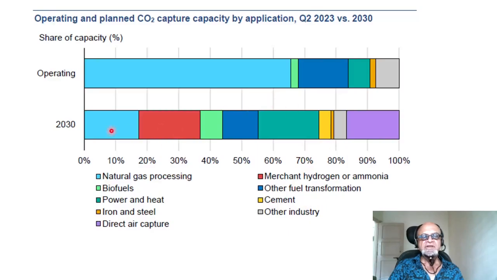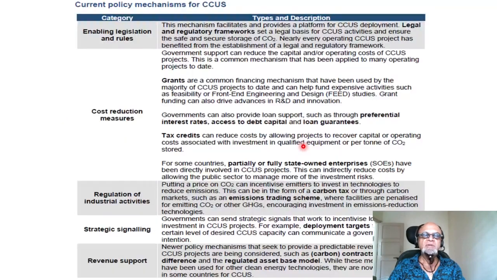So by 2030 you want to have all of them be significant parts of operation and CO2 capture. Obviously I'm skipping the details, but the idea is right now everything is dominated by natural gas processing, kind of a low-hanging fruit, cost effective, but all these things, cement and merchant hydrogen and ammonia, have to ramp up to reach the NZE goals by 2050.